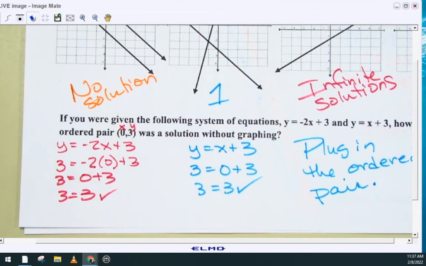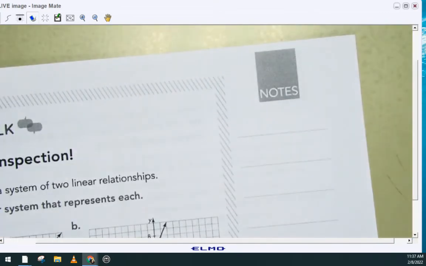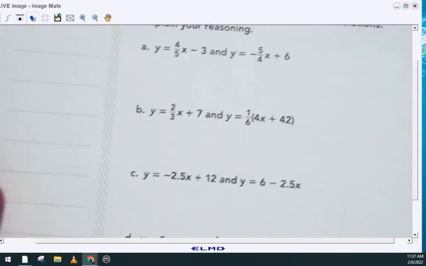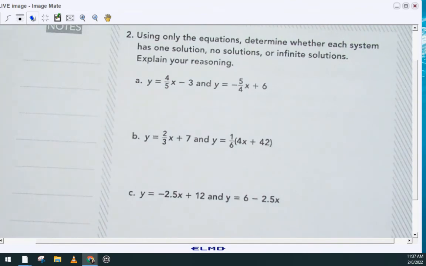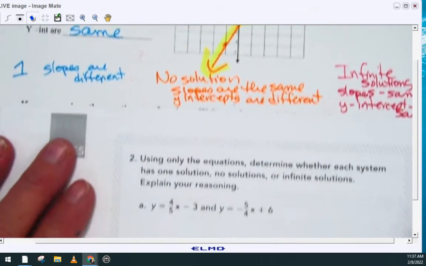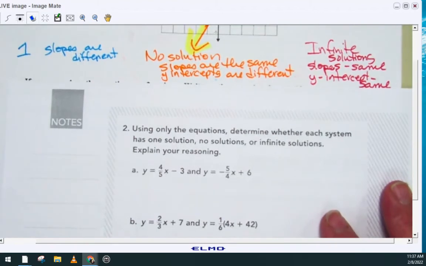So we're going to go back to the book real quick, and we're going to go to page 72. If I can get there. Right here. Okay, and we need this information that we just had a minute ago, about the different solutions.